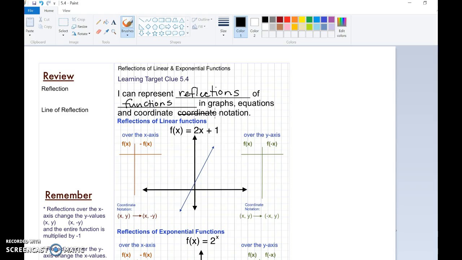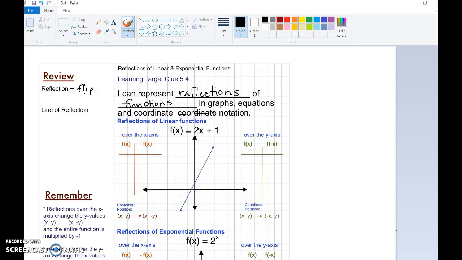So last clue we talked about translations, where we slide functions around and the graphs of those functions, and now we're going to talk about reflections, and a reflection is just a flip over a line. So let's do that quick review. Reflection is a flip.